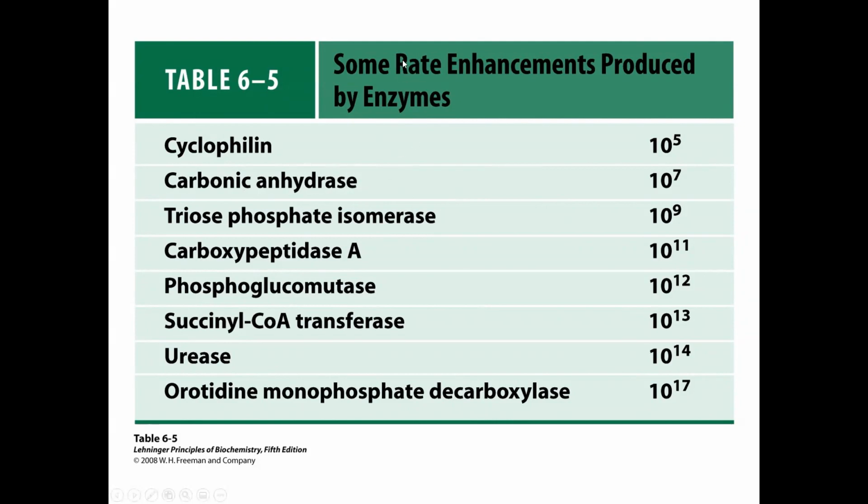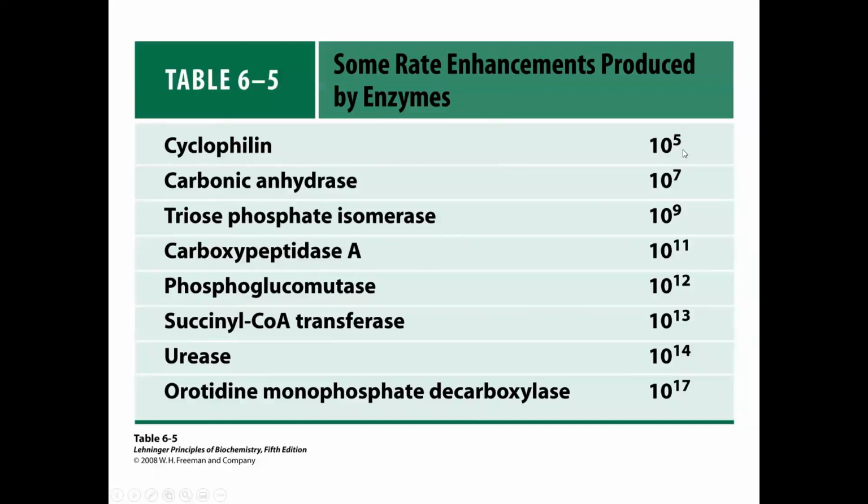So how do you calculate rate enhancements? It's very simple. You basically add enzymes, which you typically add in catalytic amounts, right? Sub-stoichiometric levels. And basically measure the rate when you have not added the enzyme versus when you have added the enzyme. And that's what rate enhancement is, the ratio.